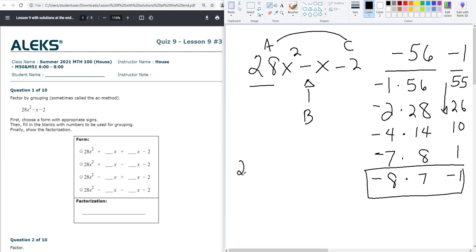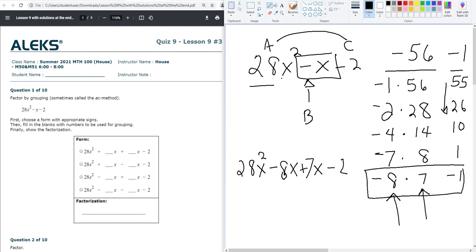So I split 28x squared minus 8x plus 7x minus 2. The middle term gets split with the coefficients that you found when you were doing your AC factors.